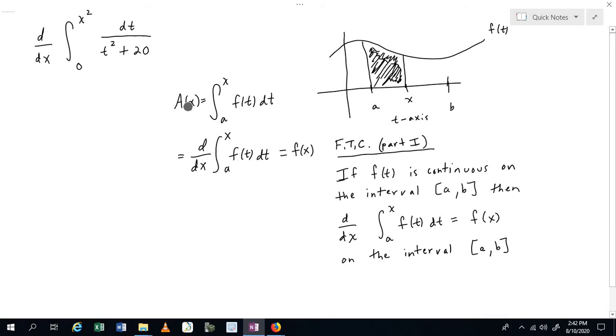You could also write this as A prime of x, the derivative of the net area function. Those are equal, but only on the closed interval from a to b, where f is continuous. The interval that f is continuous on, these two are equal on.